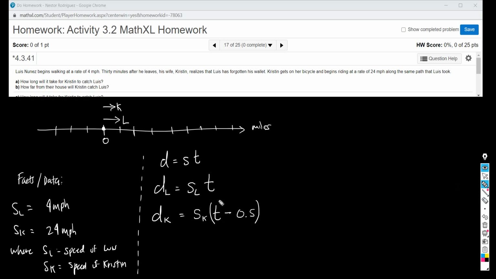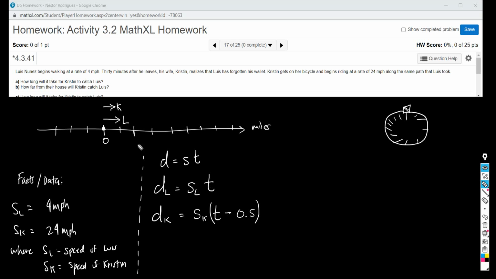Why? Let's first agree on what t means. t is the time that has passed since Luis started walking. You can imagine that when Luis decides to go walking, he has a chronometer or a clock on hand, and at the moment he starts walking, he starts the clock.